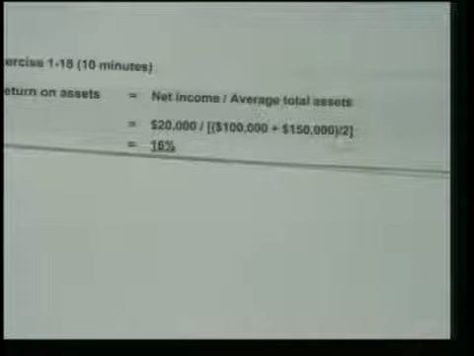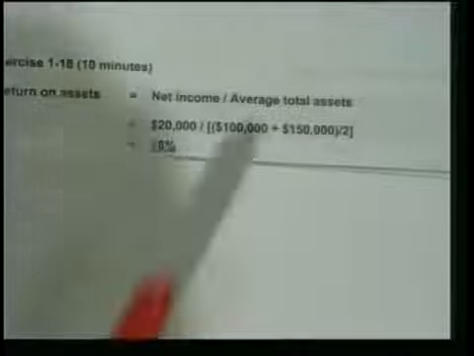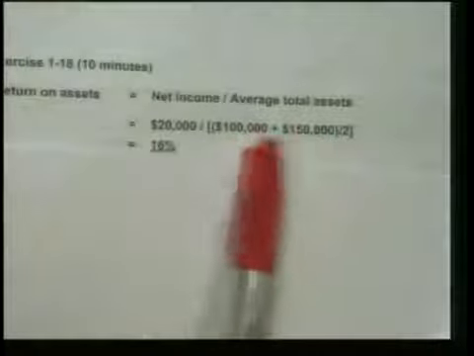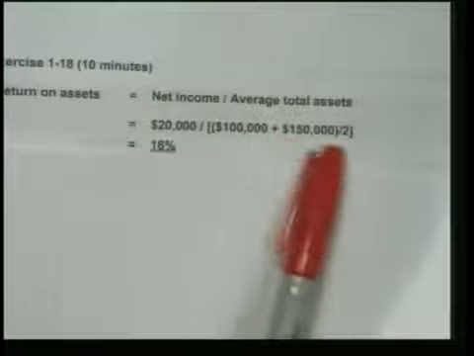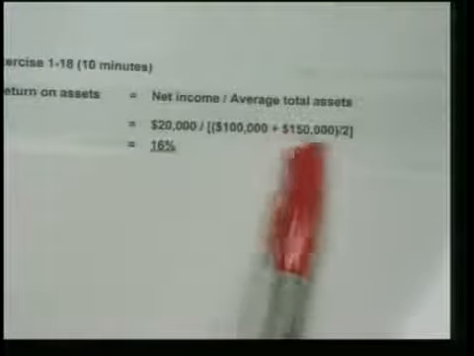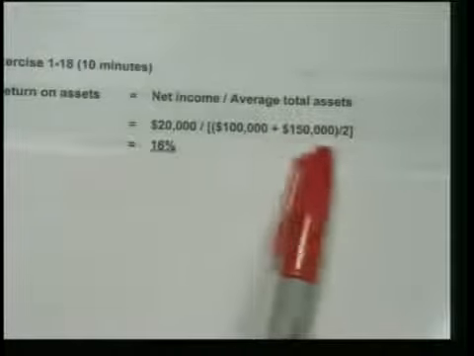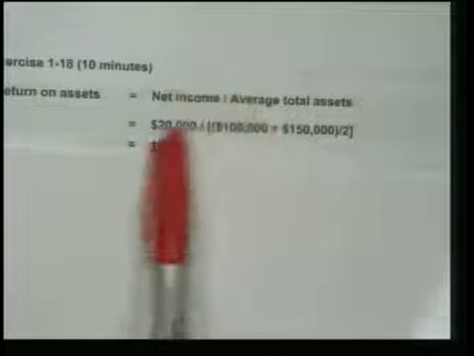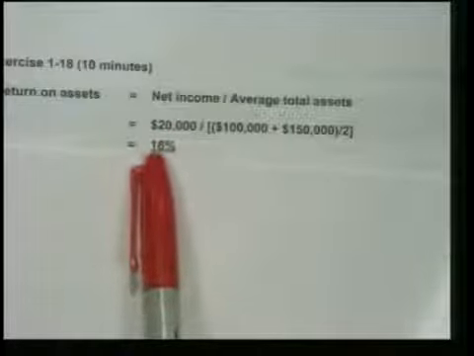How would you assess its performance if competitors average a 10% return on assets? Well, we take that net income of $20,000, divide it by the average total assets, which in this case is $125,000. 20 divided by 125 is 16%, right?